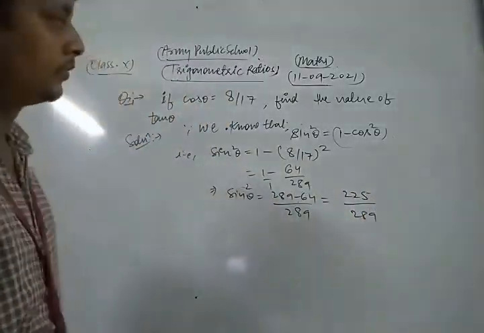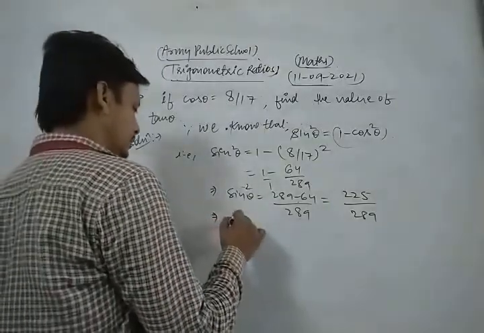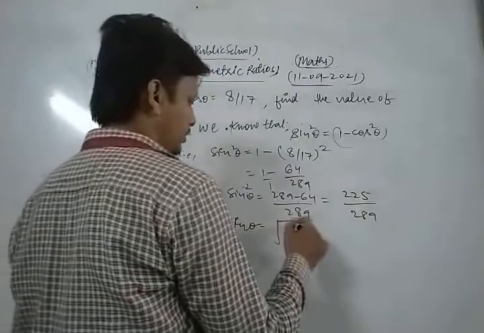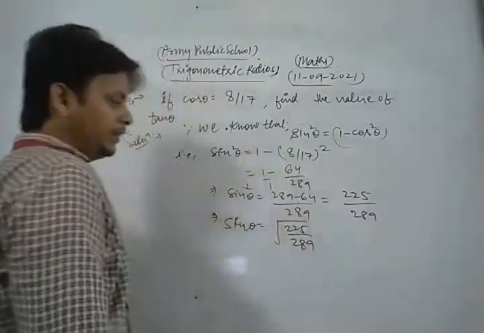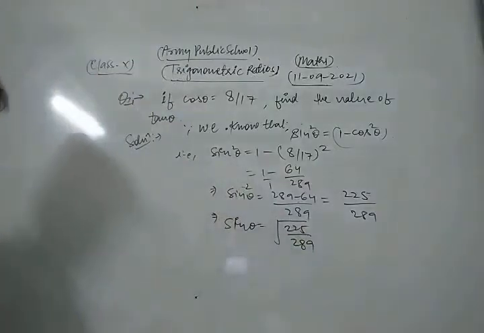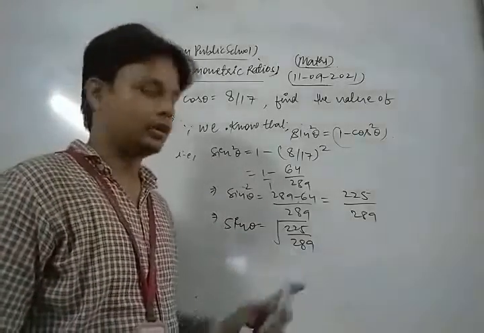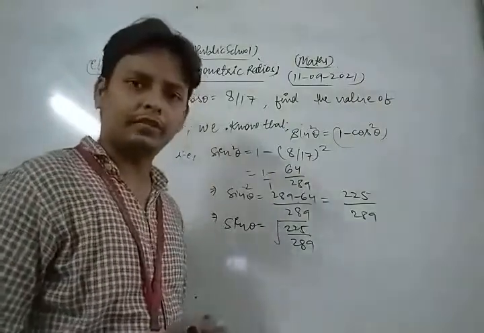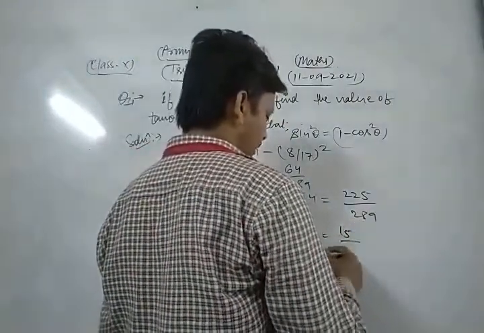Now we remove the square on that side, sin theta is equal to square root of 225 upon 289. Now the square root of 225 is what? 15. So here we have 15, and the square root of 289 is what? 17.